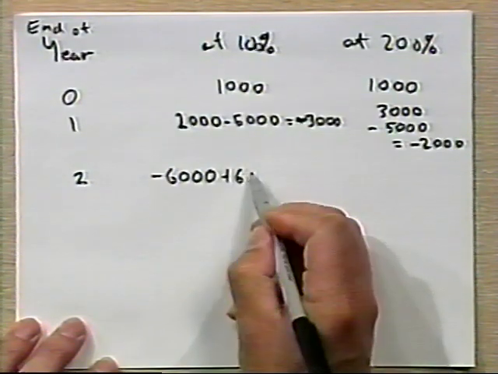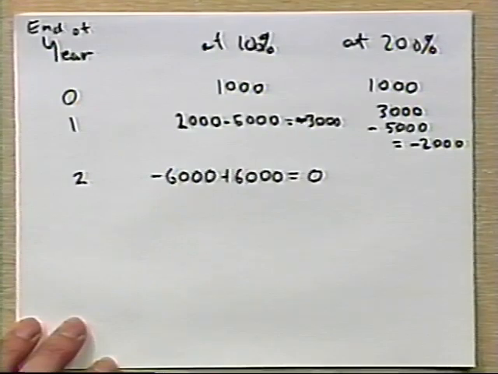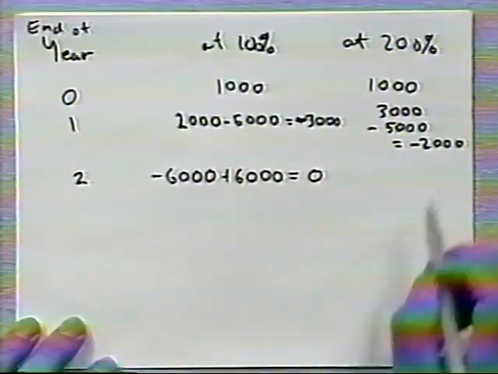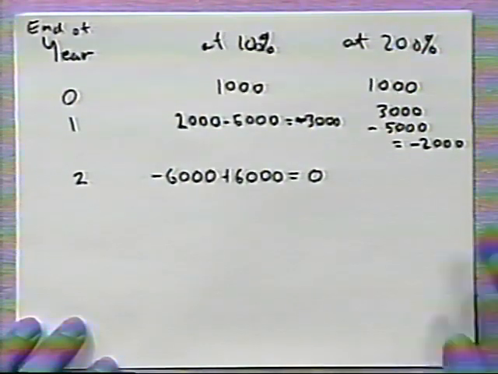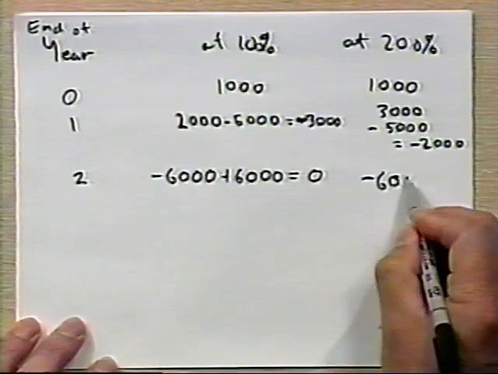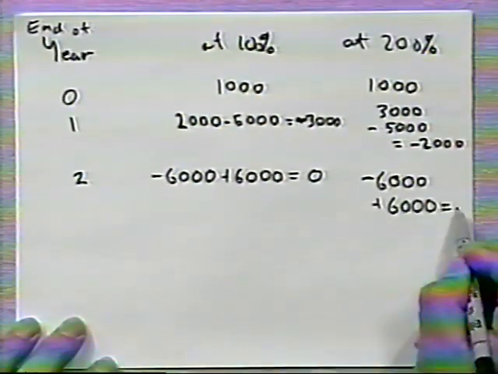We get $6,000, and we're left with 0, which is the way it should be. At 200% interest, we have minus $2,000, tripling in value because it's 200% interest, equaling minus $6,000. We get $6,000, and then we're left with 0 again.